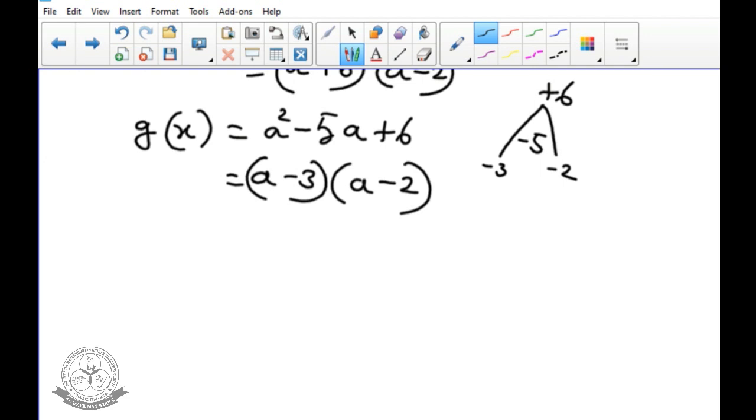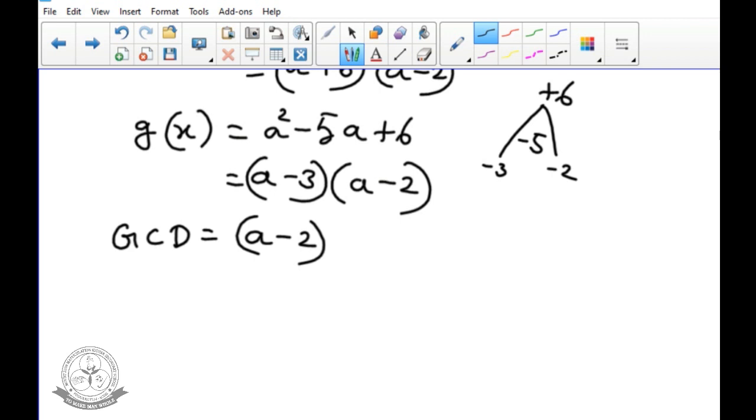Okay. Next, they have given the GCD. GCD equal to a minus 2. So the two polynomials we assume as f of x and g of x, and the GCD is also given. Next they ask us to find the LCM.